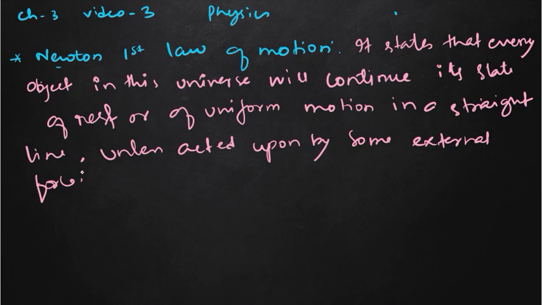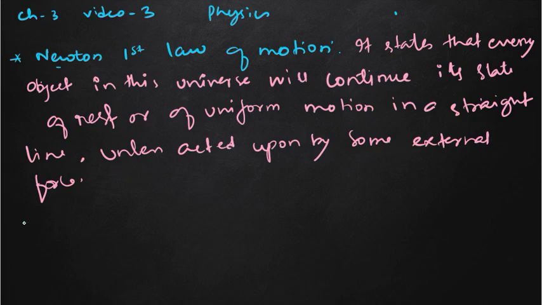Due to the frictional force it stops, but if there is no friction, then it will continue in motion. To stop that marble, we need to apply some force in the opposite direction. So that is Newton's first law of motion. A body will try to remain in its state of rest or motion unless and until some external force is applied on that body. You can read explanation 1 and 2.